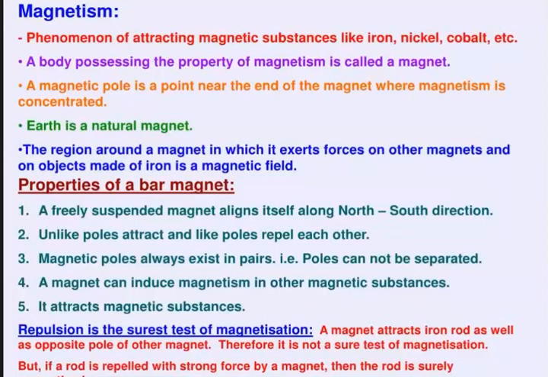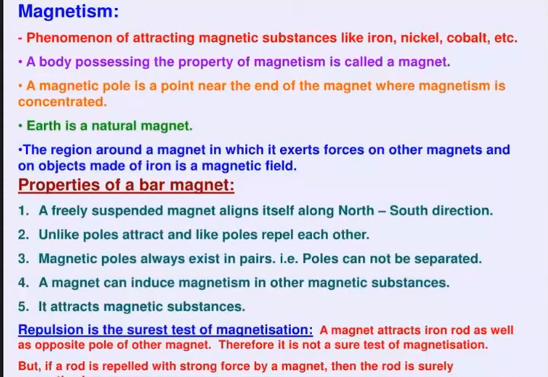You must have learned why we say magnet. Why is the substance which attracts iron, nickel and cobalt called a magnet? Because this was first found in a Greek city, Magnesia, by a shepherd. So that's why it is called so.